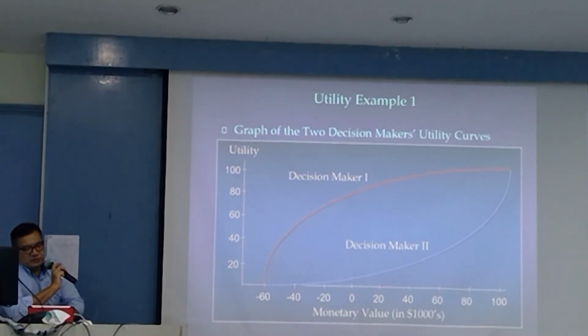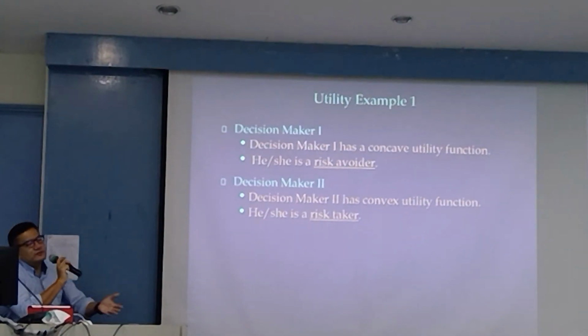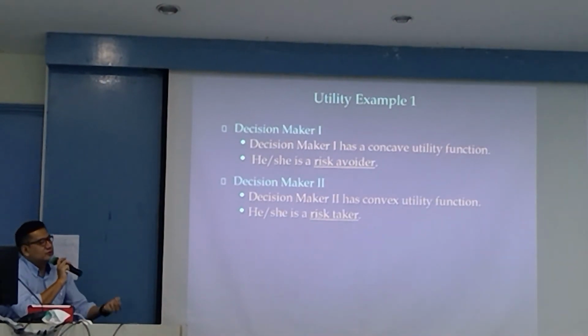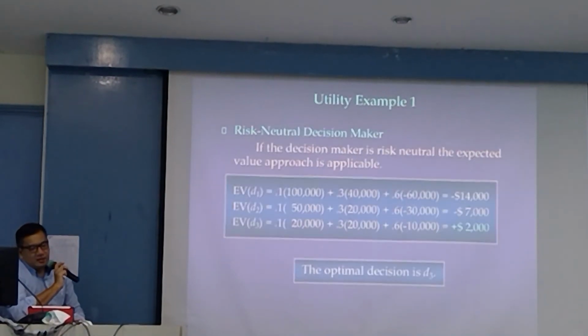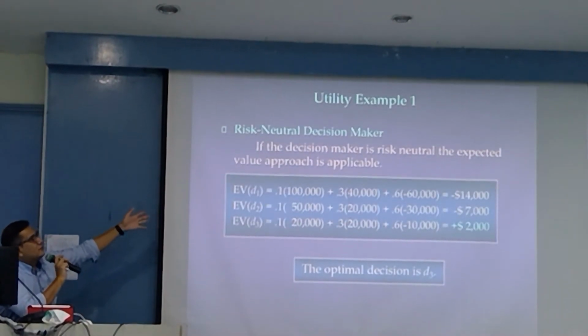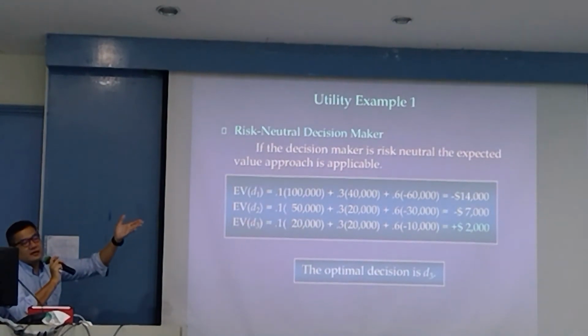So these two groups are not neutral, so we cannot use just the money value to make the decision, like the first option, because the first option is a risk neutral decision maker and the relationship is just linear.